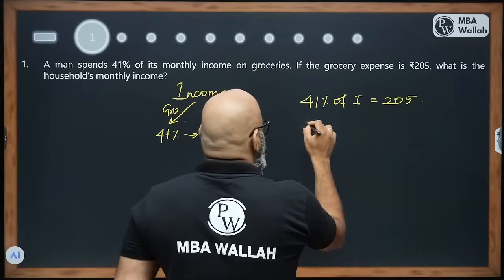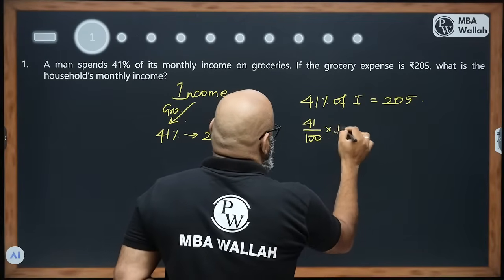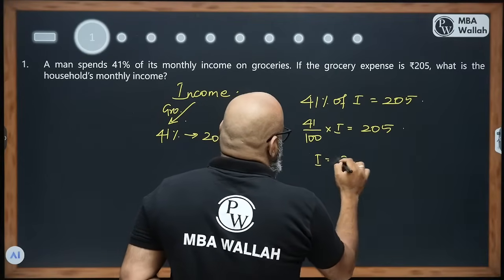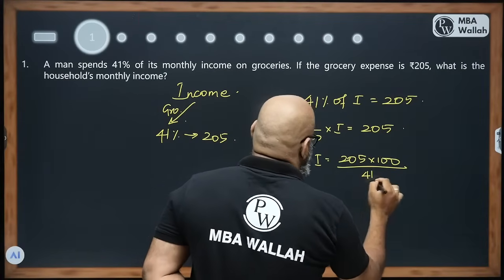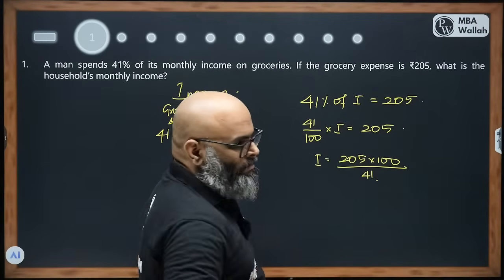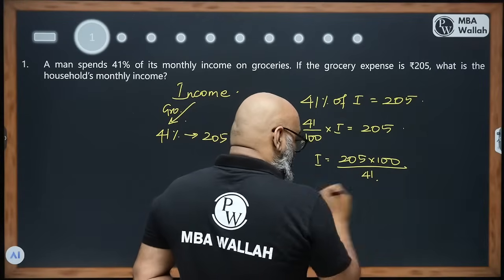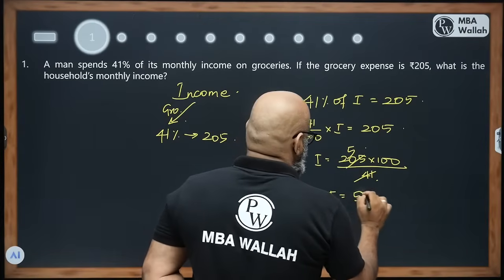So you would say 41 by 100 into I is equal to 205, or I is equal to 205 into 100 divided by 41. That's all. So 41 and 205 go well in 5 times. So I is equal to 500.